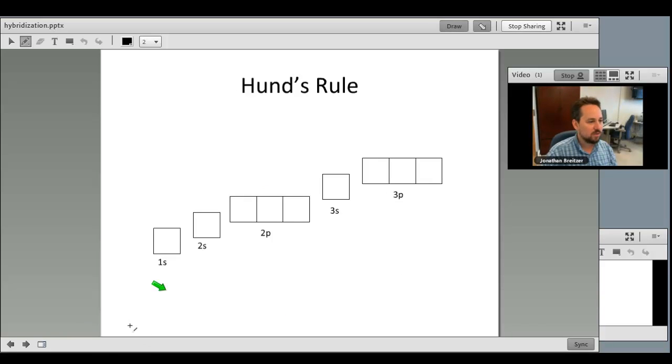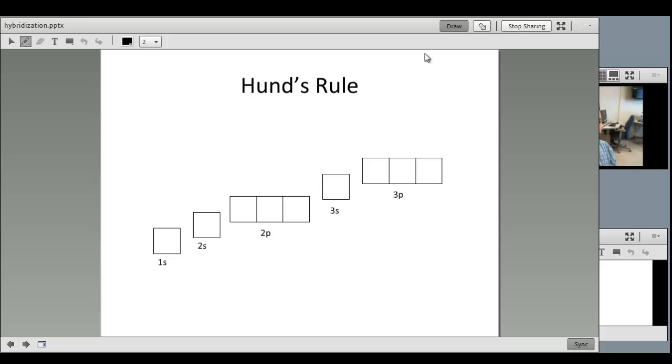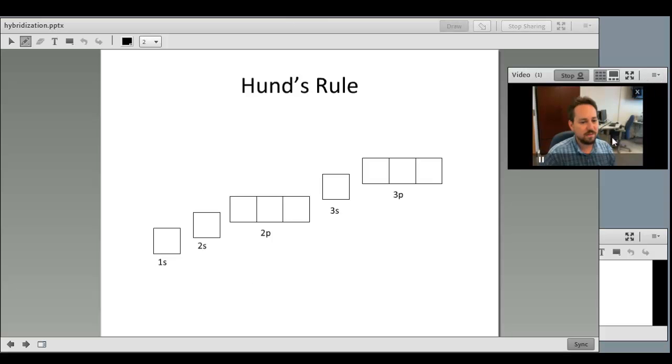Okay, now let's go on to how electrons are actually filled in orbitals. When we do electron configurations, we just indicate the number of electrons as a number. But we can actually show a little bit more detail using what I call the boxes and arrows.